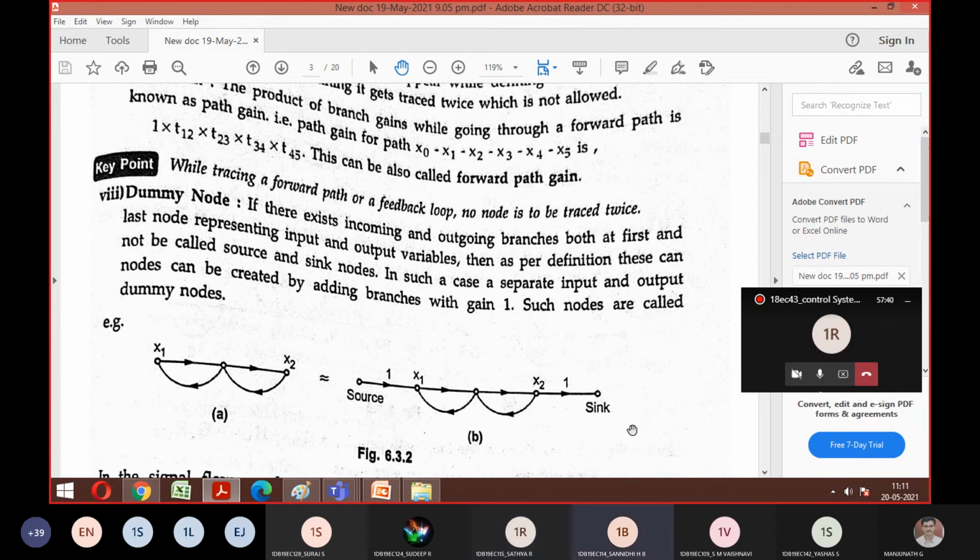This is where your dummy node plays a role. Observe carefully whenever you find such problems. If there are no sink and source nodes, you can add them with a gain of 1 such that x1, x2 do not alter with your gain.